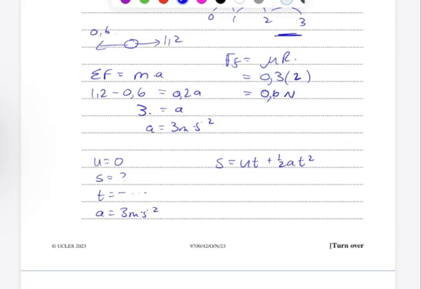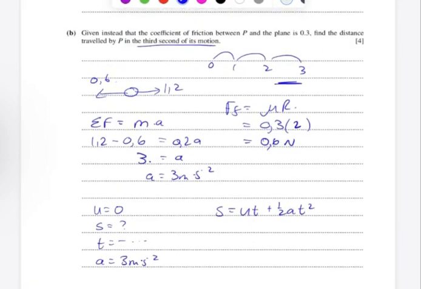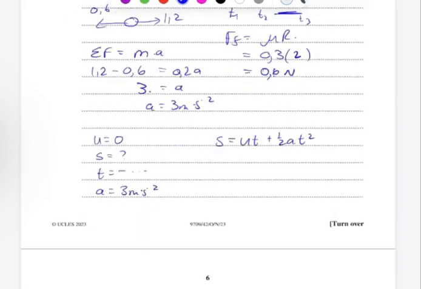Okay, now if I want to know how far has it gone in the third second, so this is T1 to T2, T3. I'm going to plug in T is 3, and that's going to be a half times 3 squared. And that is, I should have known that as well, but anyway. And then if T was 2, it's a half times 3 times 2 squared.